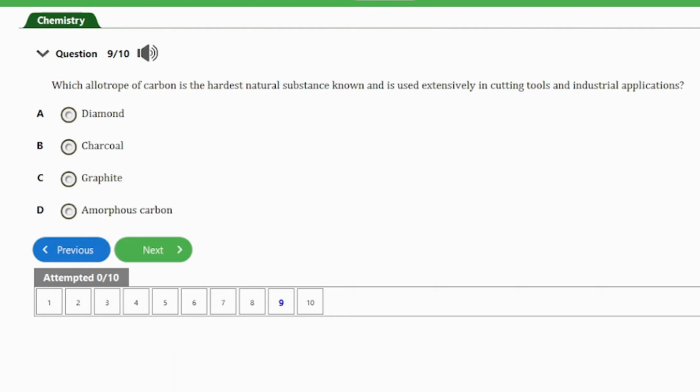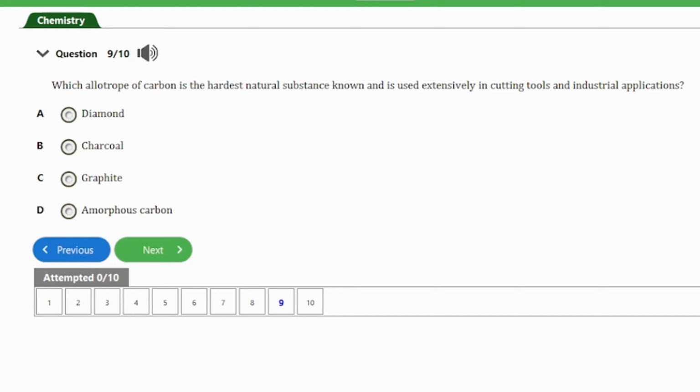Question number 9. It says, which allotrope of carbon is the hardest natural substance known and is used extensively in cutting tools and industrial applications? A. Diamond. B. Charcoal. C. Graphite. D. Amorphous carbon.